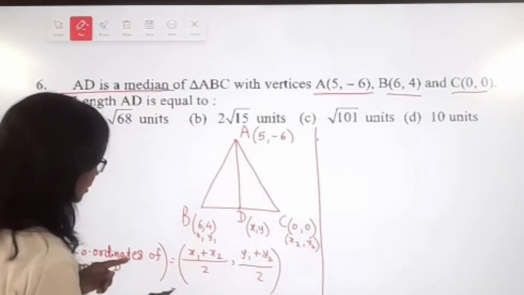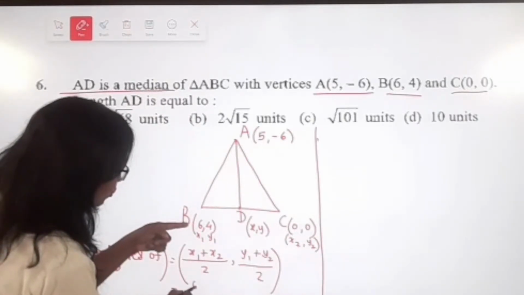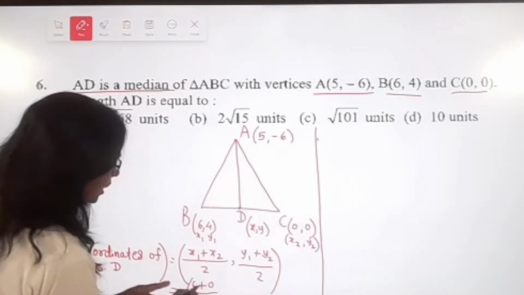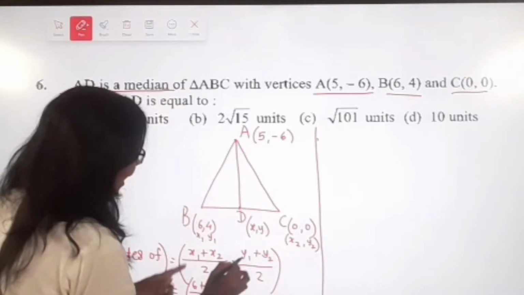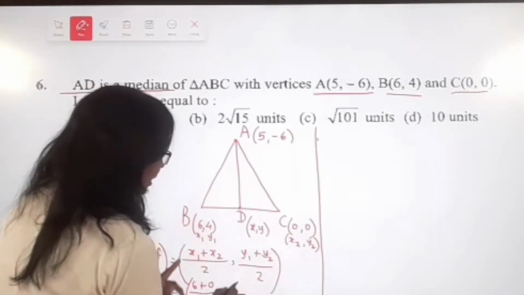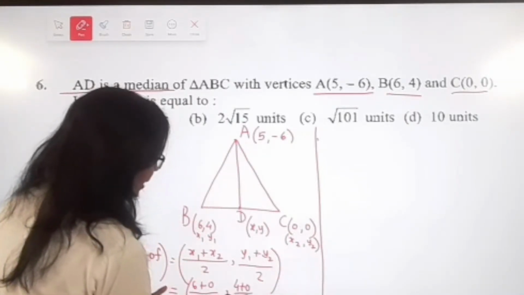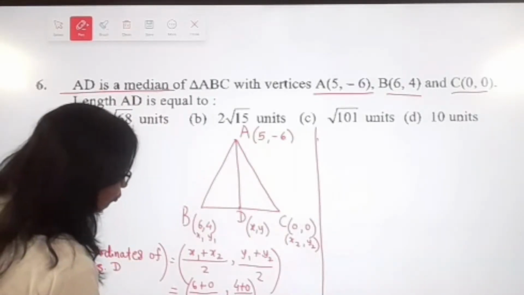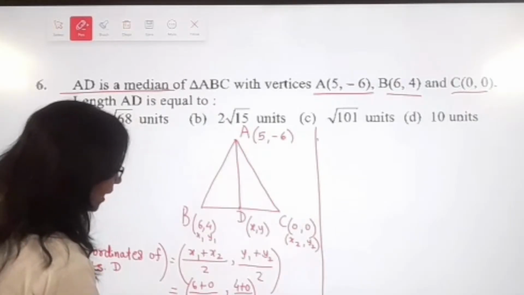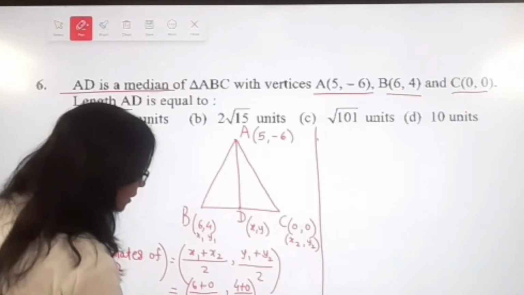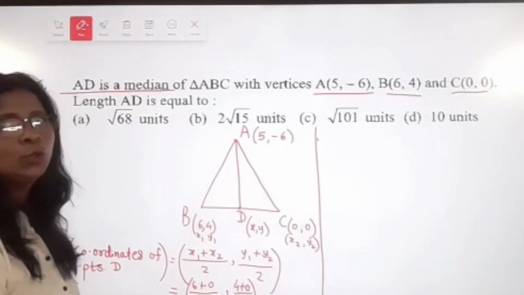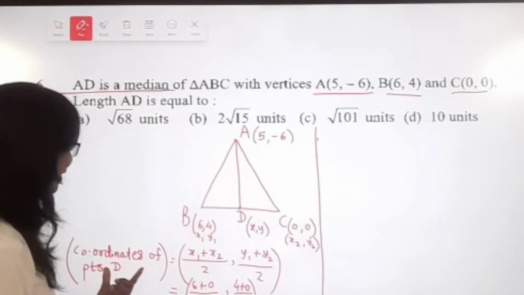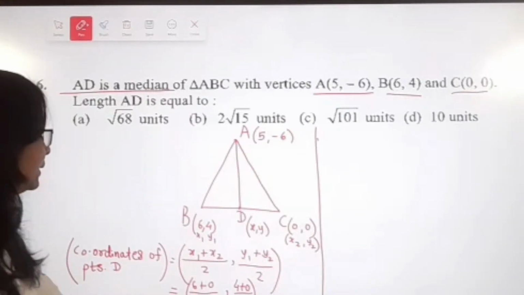So now here x1 becomes 6, so 6 plus 0 divided by 2, and y1 plus y2, that means 4 plus 0 divided by 2. So 6 divided by 2, 4 divided by 2. So the coordinates will be 2 3s are 6 and 2 2s are 4. So (3, 2), or we can say the coordinates of point D are (3, 2).